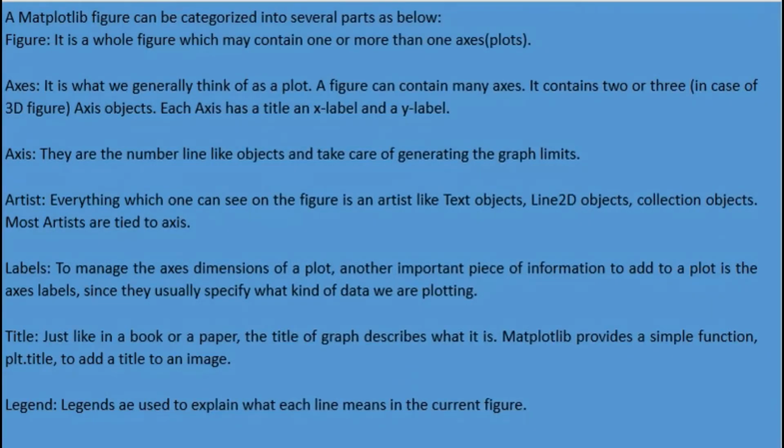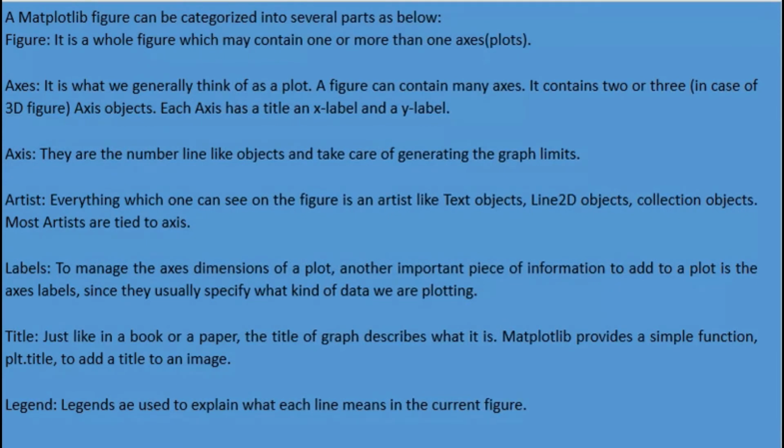Now let us see the different elements of matplotlib. There are a lot of elements like figure, axis, artist, labels, title, and legend. These are all self-explanatory. Figure is the whole figure, which may contain one or more axes. An axes is what we generally think of as a plot. A figure can contain many axes; it contains two or three axis objects in the case of a 3D object. Axis objects are the number line-like objects and take care of generating the graph limits.